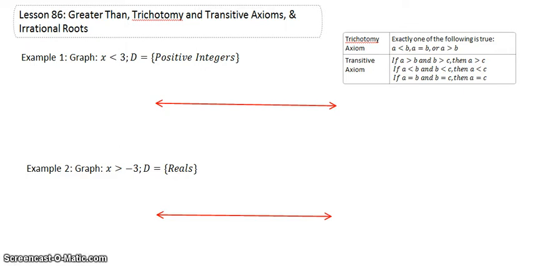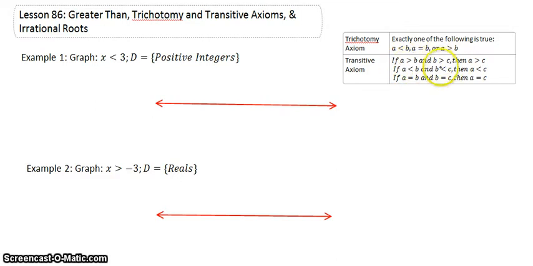And then the transitive axiom: if A is greater than B and B is greater than C, then A is greater than C. And if A is less than B and B is less than C, then A must be less than C. Then our last one is if A equals B and B equals C, then A equals C. It just basically transfers to the next one because of this first rule.